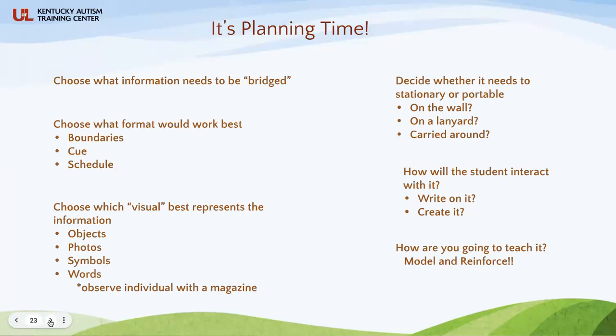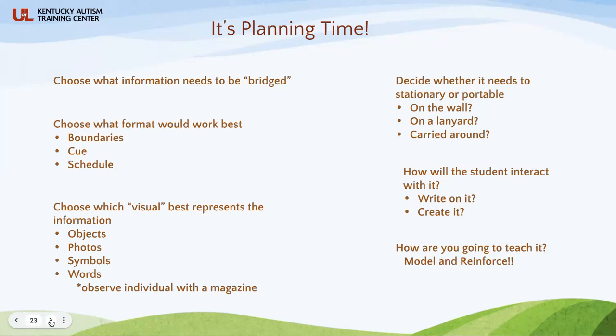On their keys, they have cue cards on their keys. And so if the child needs that cue, they can just quickly show the card. Again, could be a photograph, a picture, or a symbol. And then the child knows, oh, okay, that's what I need to be doing right now. Oh, that's what we're doing next.